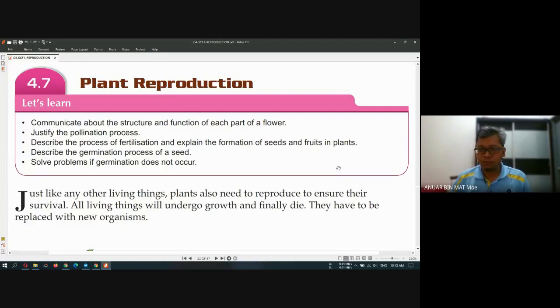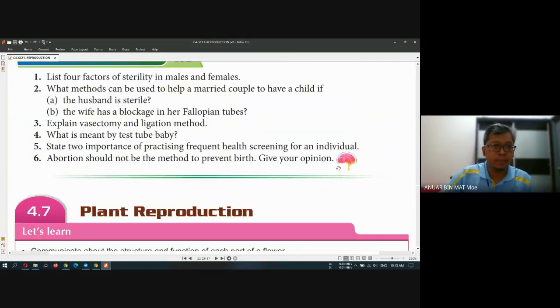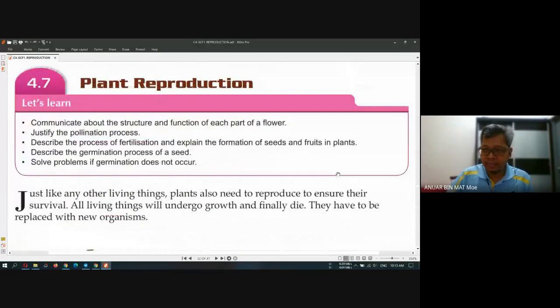So for today, just like I promised yesterday, we are going to learn a new topic. You can refer also to your textbook, page 119. All right, we are going to learn about reproduction in plants. The last subtopic. From 4.2 until 4.6, you learned about reproduction in human.